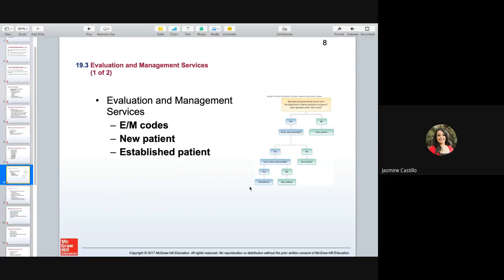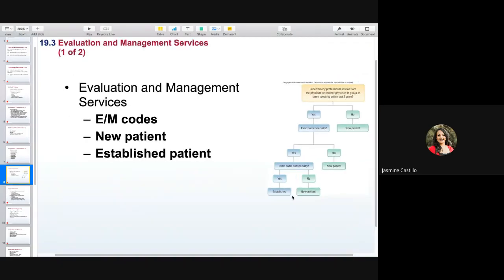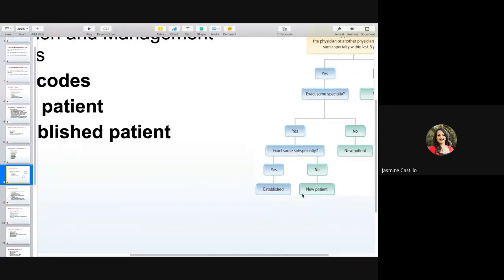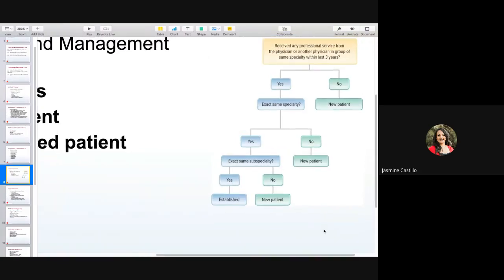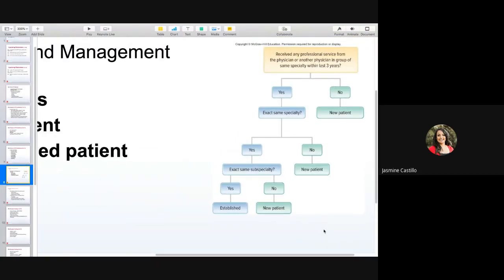Okay, remember earlier I said that in the book we have this tree that explains how we determine a new patient. So what we do is, if there's any services received by healthcare professionals, from either the physician or another physician in the group who has been seen in the last 3 years, they are considered an established patient.